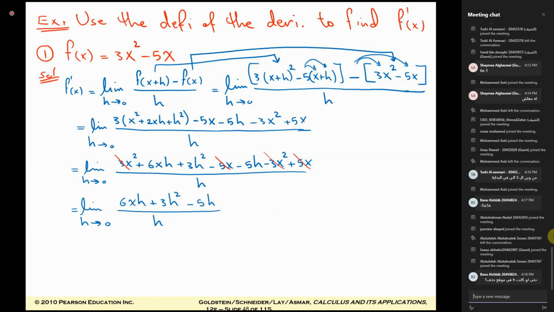Also, we can take h as common factor to remove h in the denominators. You must remove h in the denominators because when substituting h equals 0 with h in denominators, you have 0 in denominators. So this is a big problem.